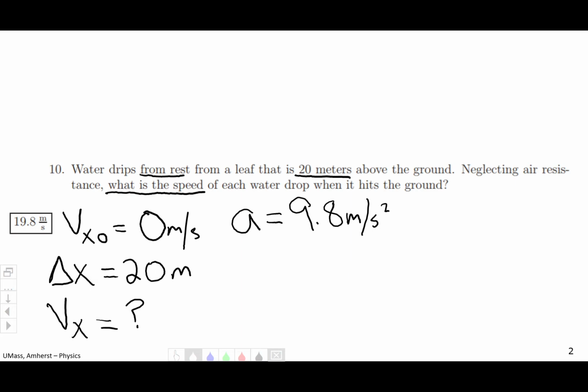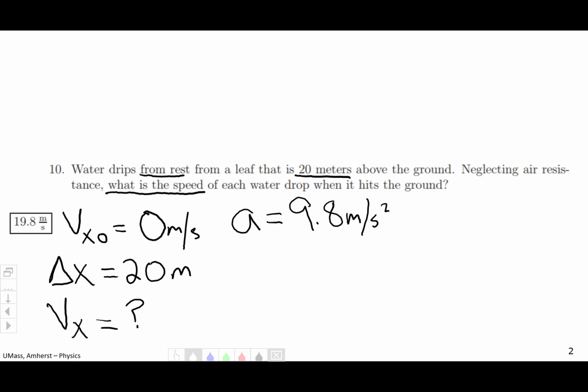So really all of these problems require you to choose the correct equation. This one is a little bit easier in my opinion because it has one particular piece of information that's a dead giveaway as to what equation you're going to use. And that is the fact that it does not provide you or ask you to solve for time.